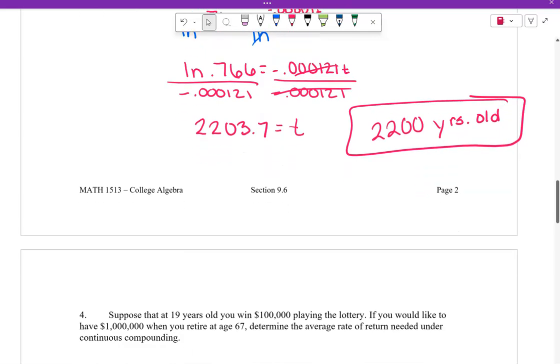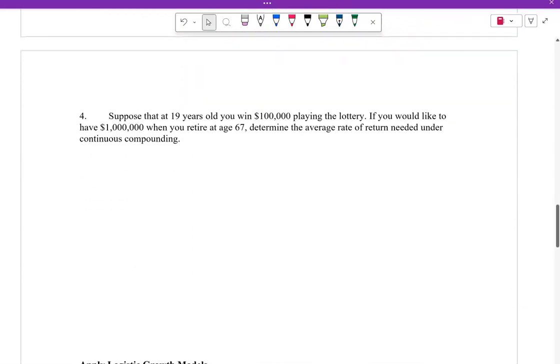Okay, so let's go to number 4. Number 4 says, suppose that at 19 years old, you win $100,000 playing the lottery. If you would like to have $1 million when you retire at 67, determine the average rate of return for continuous compounding. So that is your A equals P e^(rt).